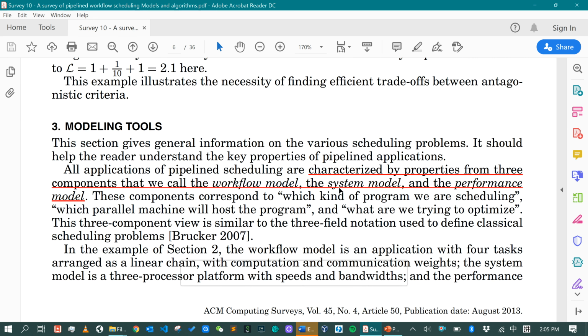The second is the system model, basically a computing and transferring model, like heterogeneous computing power or different average communication times. The third is the performance model, which mainly covers the objectives or performance metrics used to assess the performance of different scheduling algorithms.